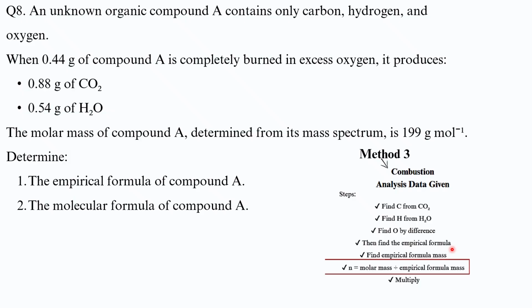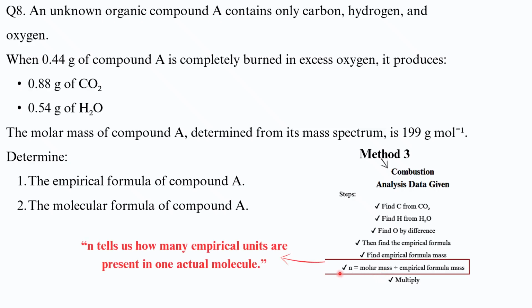From the empirical formula I will determine the empirical formula mass, and using this formula, where n is the number of units I am expected to multiply with the empirical formula to end up with the molecular formula, I will calculate n. Finally, I will multiply it with the empirical formula and get my molecular formula. So this is how you will solve it.